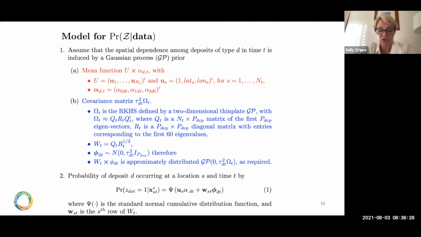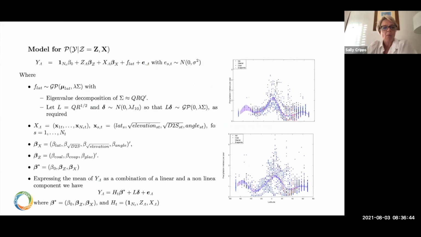The reason we've chosen that is computational: when we go to estimate the model, the Markov chain Monte Carlo scheme that we constructed is made much more simple by the introduction of some latent variables, enabling fast convergence of the scheme.